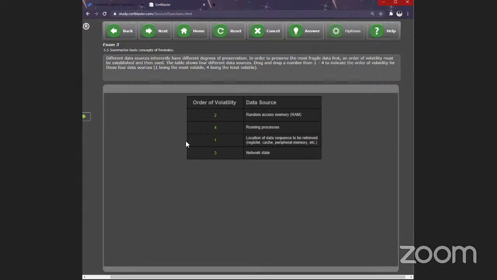I have time to collect that compared to the network state. I need to collect any data regarding the network state first before I start collecting data regarding running processes, because theoretically I have more time to collect data on running processes than on the state of my network.